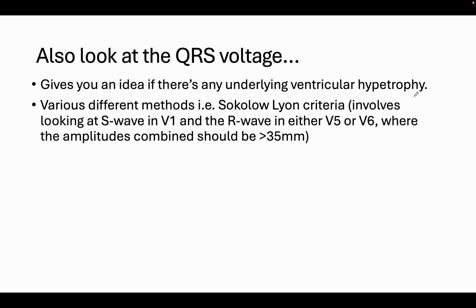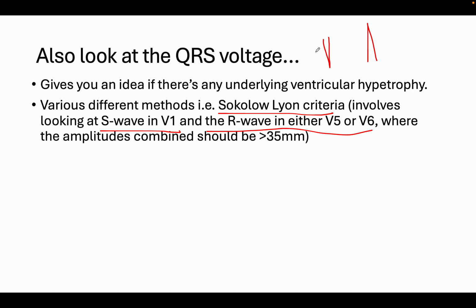There's various different methods of assessing QRS voltage. The one that I tend to use is Sokolow-Lyon criteria, which basically involves looking at the S wave in V1, that thing that we talked about earlier, and looking at the R wave in either V5 or V6. So the S wave, remember, is the downward QRS part, and the R wave is the upward stroke.